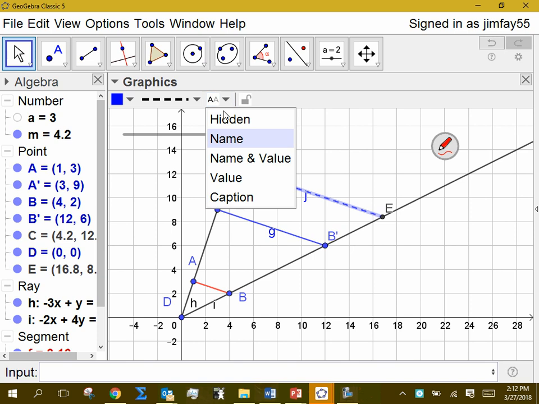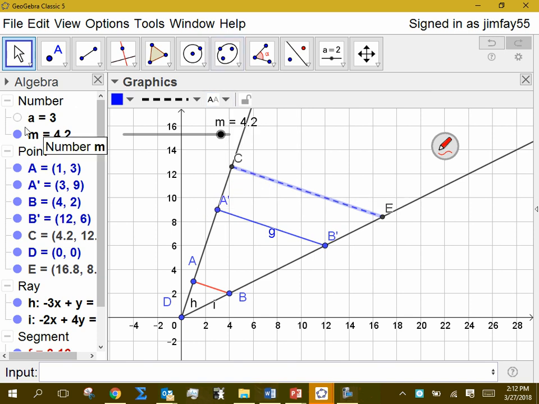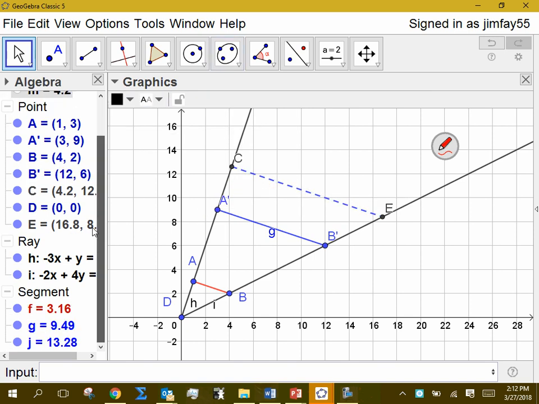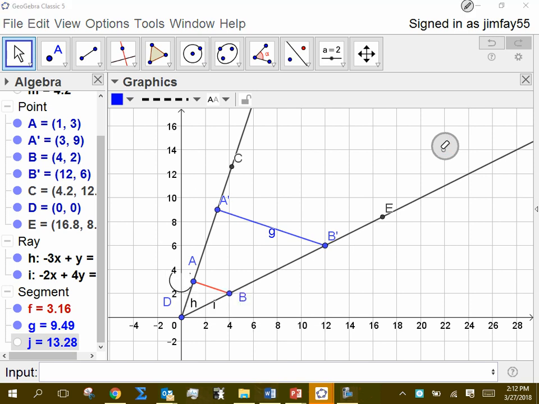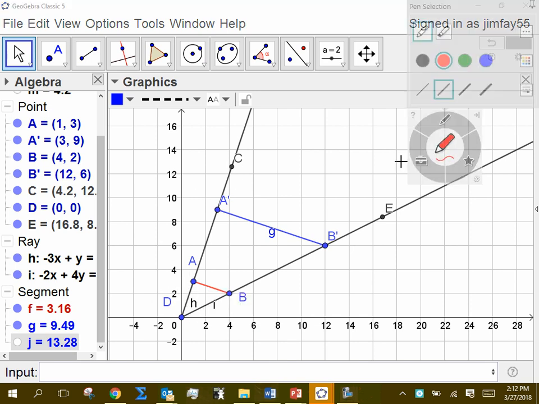Here's another kind of relationship that exists here. Let me just hide this. If I look at the length D to A, so that distance right there, and let me just use a different color.